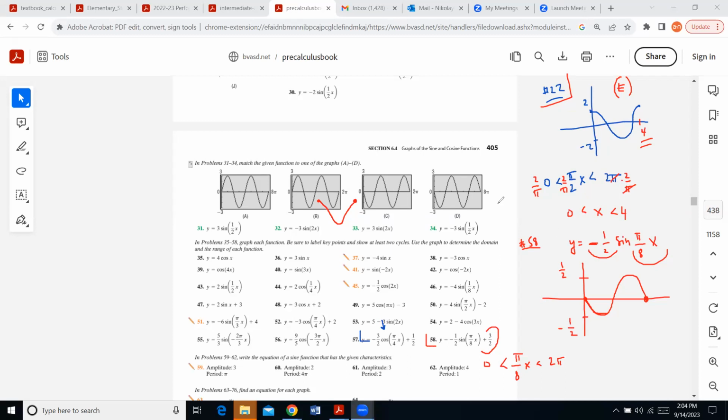So this way, we're gonna have x isolated. So I'm gonna multiply it by 8 over pi, right? So it's always a reciprocal, 8 over pi. So this x will be the only thing left in the middle.